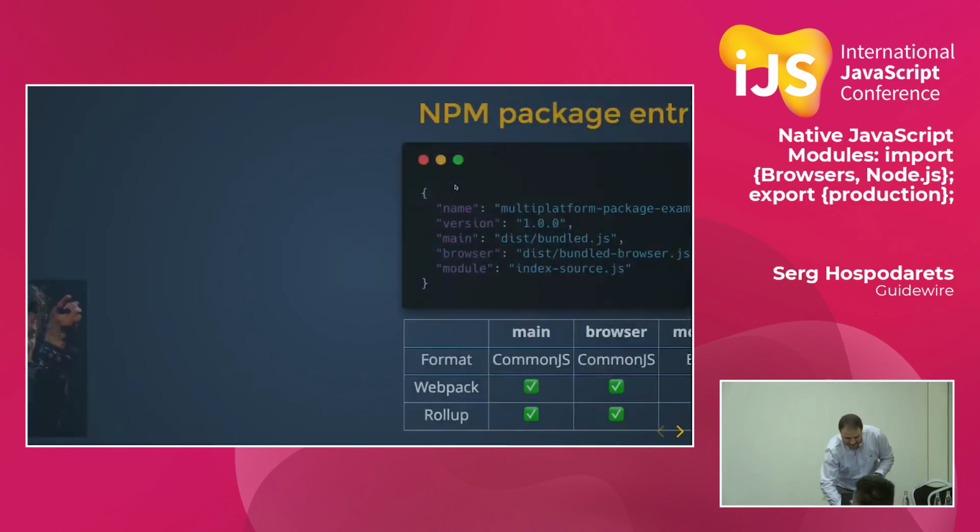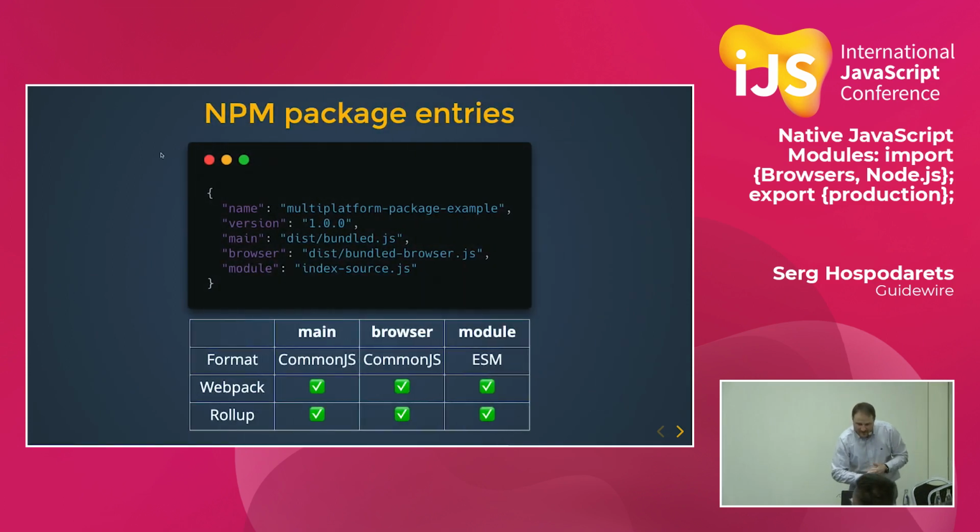And finally, if you want to deliver new module resolution to Node.js, you have to deliver this also through NPM because it's the biggest registry in the world. So how? Previously, you had to use the main field in package.json or the browser field.